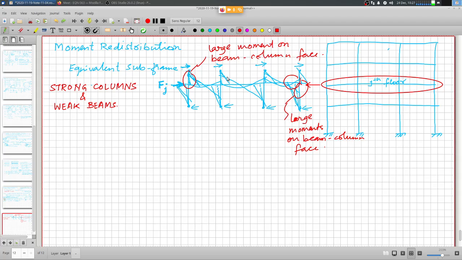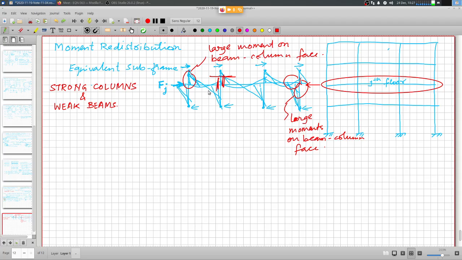And in a way, although our requirement is somewhere here, right? Our requirement is somewhere here, interior face, and the reinforcement continues through the joint.